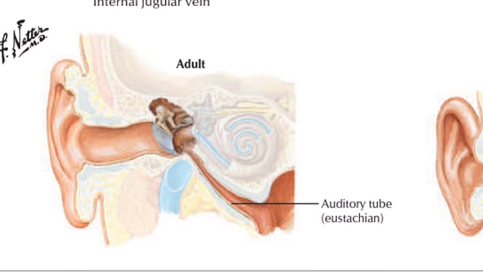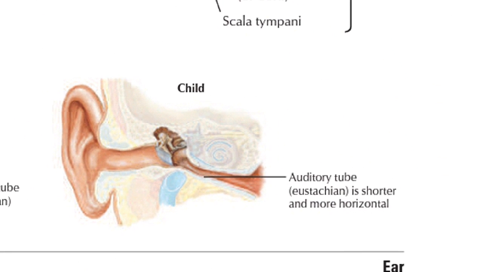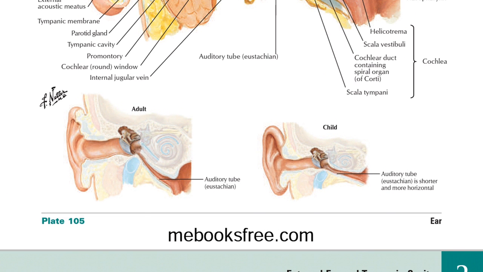See the auditory tube of an adult, and in this figure you can see the auditory tube of a child. You can compare the auditory tube of an adult with the child.